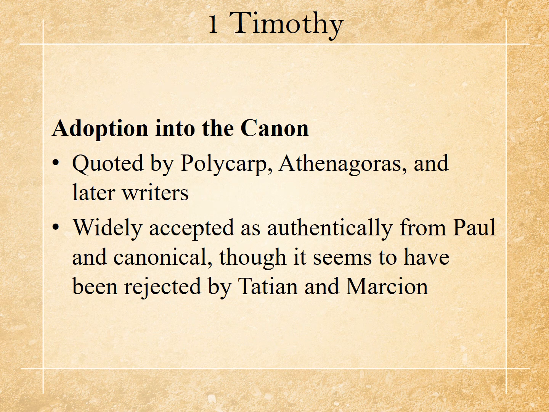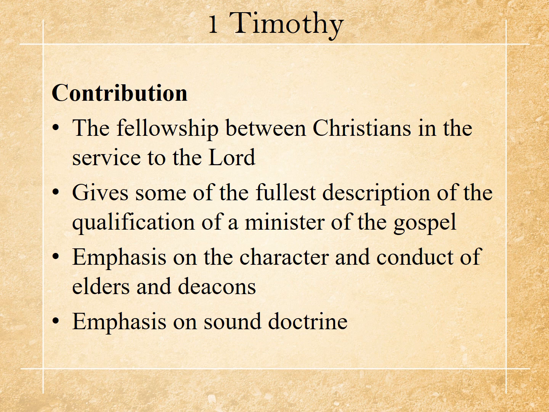It was quoted by Polycarp, Athenagoras, and later writers, showing that they made use of this in their churches, in their preaching and so forth. It was widely accepted as authentically from Paul and canonical, though it seems to have been rejected by Tatian, but Marcion's a heretic anyway, so we just discount him.